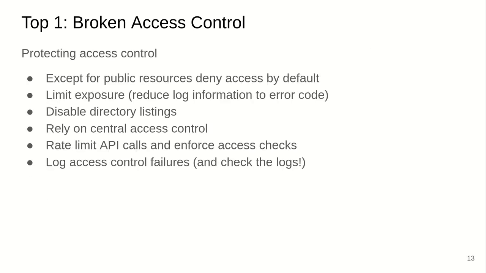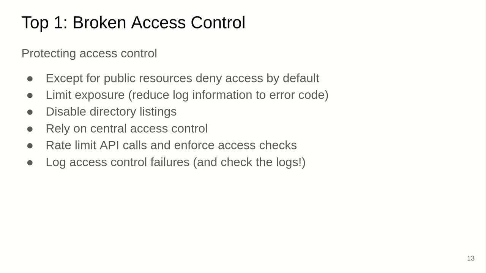To protect access control, well, the deny by default policy is a good starting point. So everything except the public resources should be flagged as denied by default. The exposure needs to be limited. For example, if something crashes, instead of giving a stack dump of the web application, a simple error code would suffice.